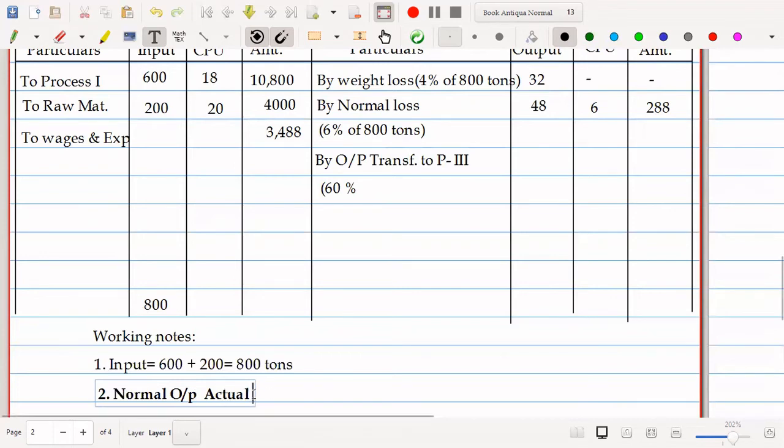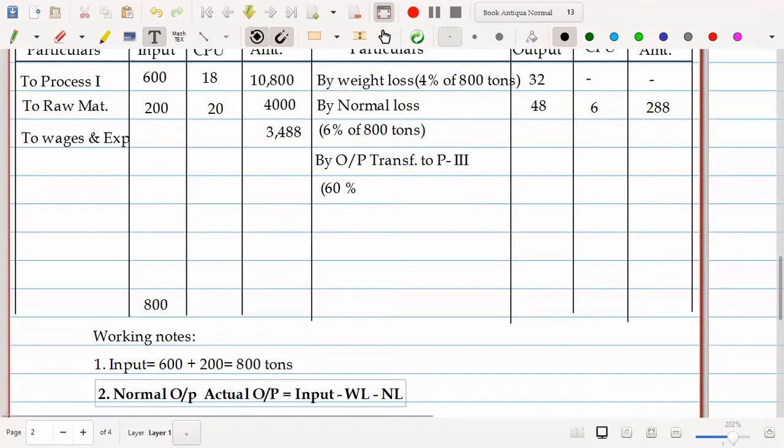Actual output is equal to input minus weight loss minus normal loss.